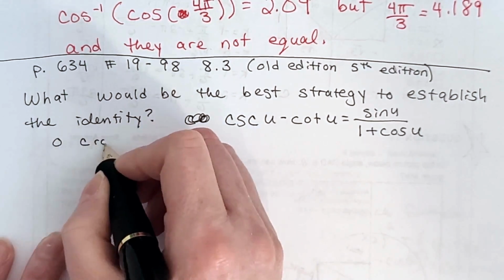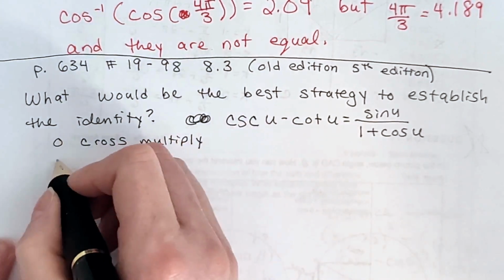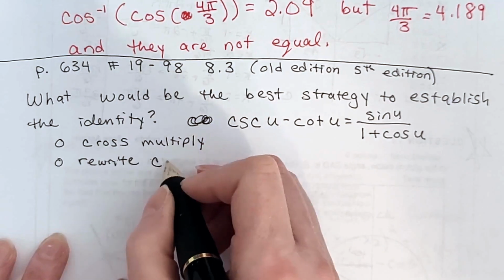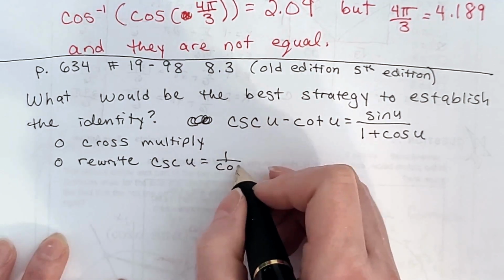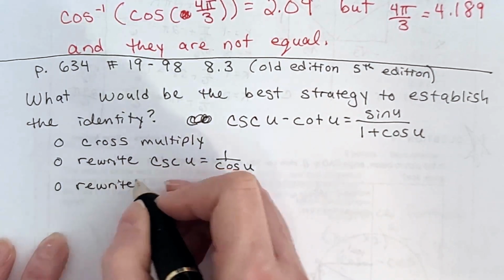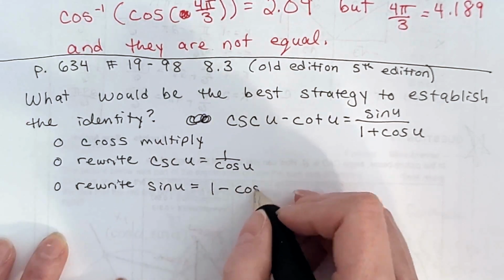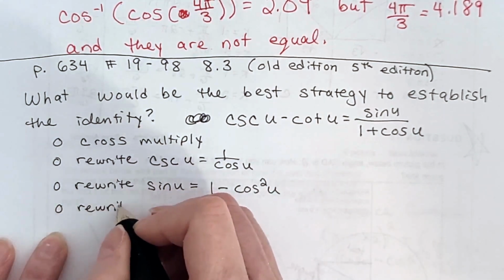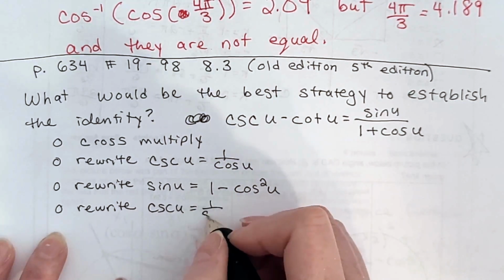So it would be like: cross multiply; rewrite cosecant u as being 1 over cos u; rewrite sine u as being 1 minus cos squared u; rewrite cosine u as being 1 over sine u.